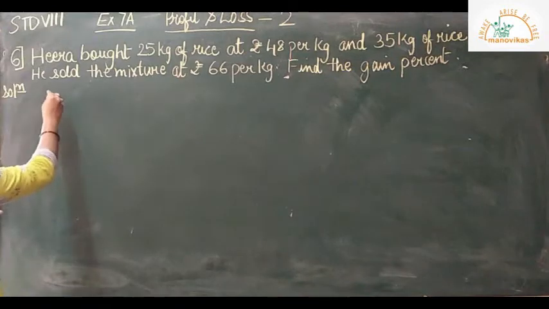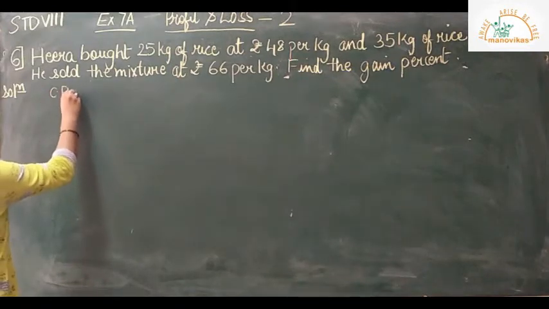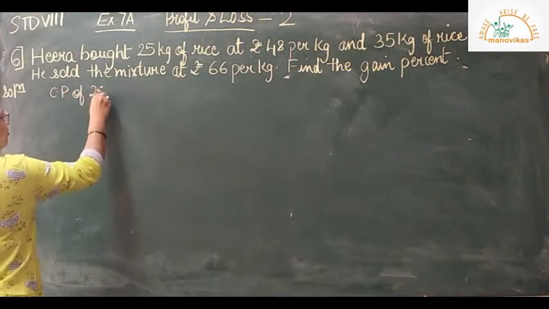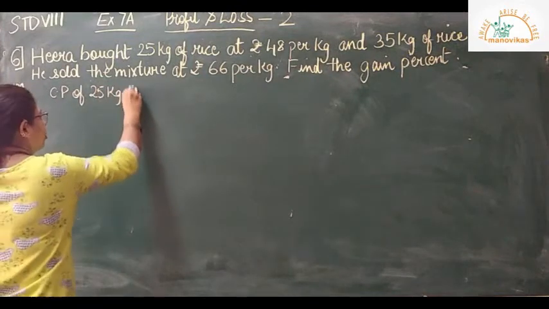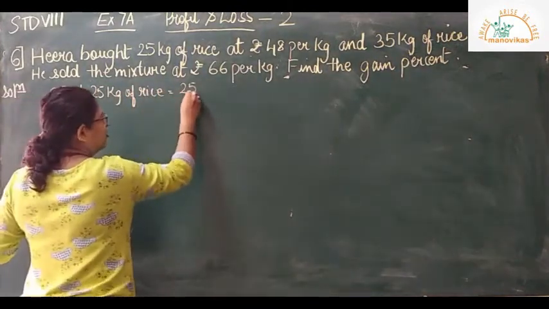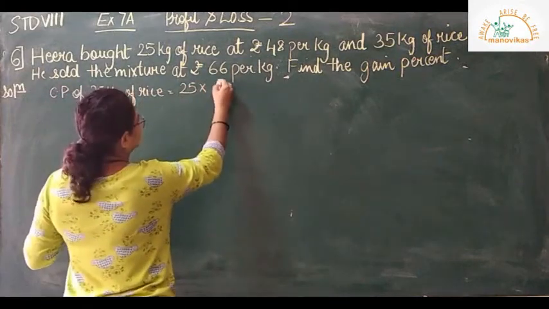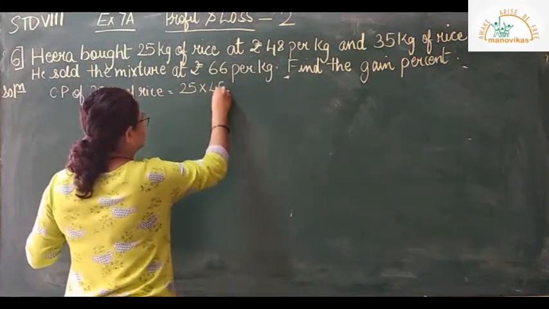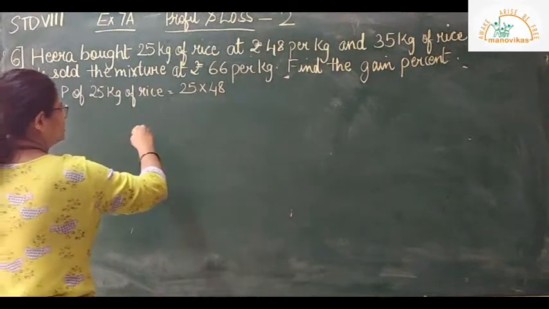So my first step here is the cost price of 25 kg of rice, that is 25 into 48. So we have to multiply this now.